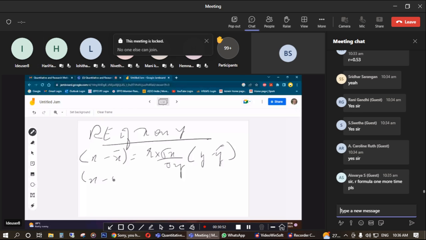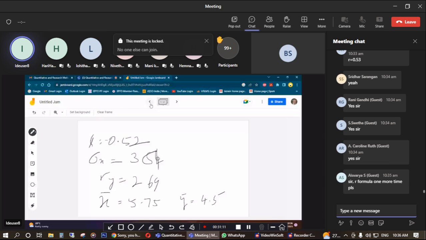R is minus 0.52, multiplied by sigma x 3.84 divided by sigma y, 2.69, into y minus y bar.